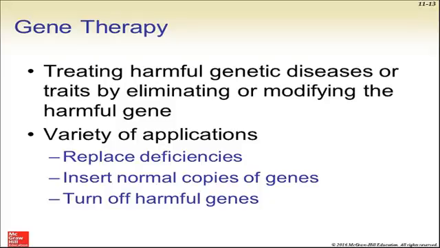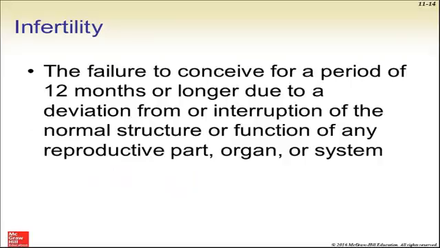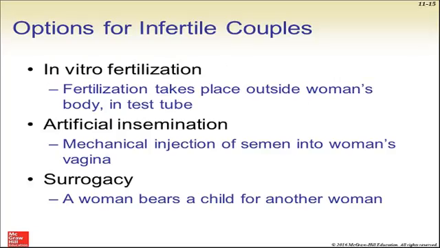Next, we're going to talk about infertility. By definition, it means the failure to conceive for a period of 12 months or longer due to a deviation from or an interruption of normal structure or function of any part of the reproductive part, organ, or system. So there are options out there for couples that struggle with infertility.